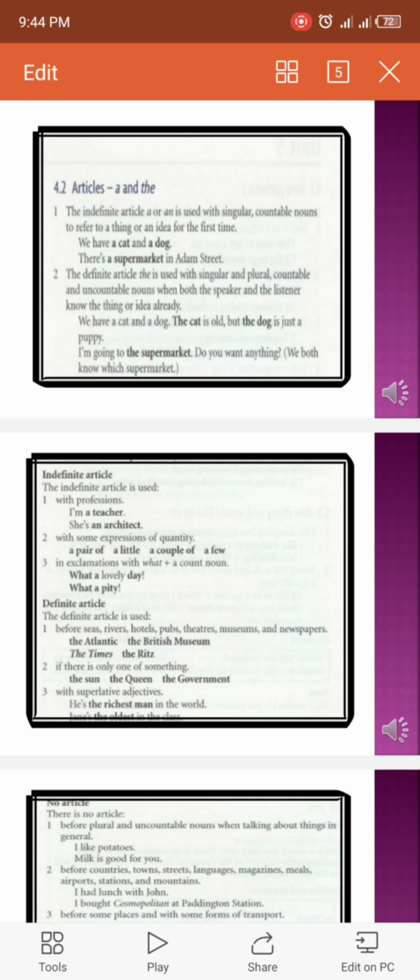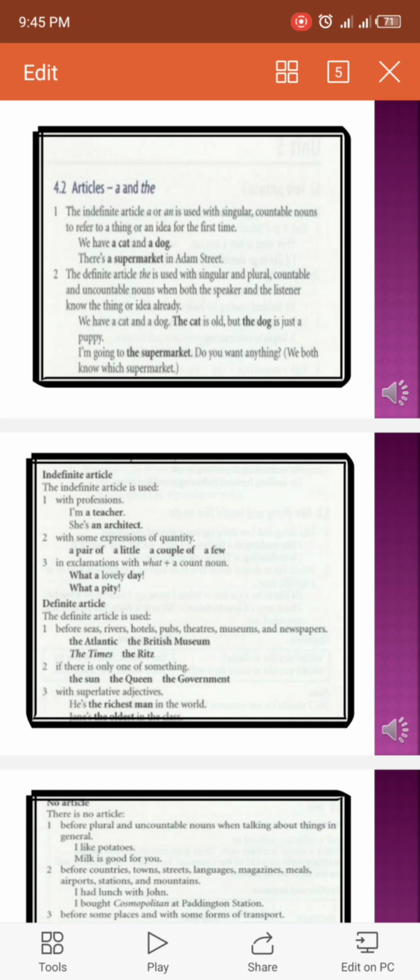Number 2, the definite article the is used with singular and plural, countable and uncountable nouns, when both the speaker and the listener know the thing or idea already.